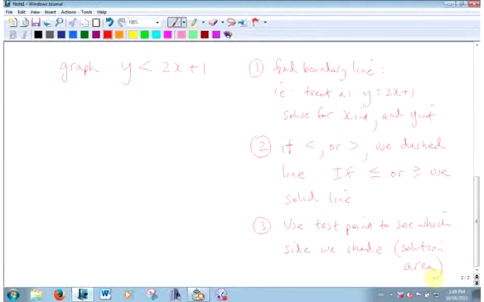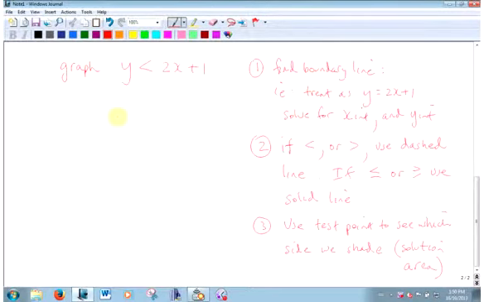Okay, we haven't done that yet. Let's write down the steps. Okay? So this less than means we're shading one side of this line. Okay, we don't know which one yet. That's where we use a test point.